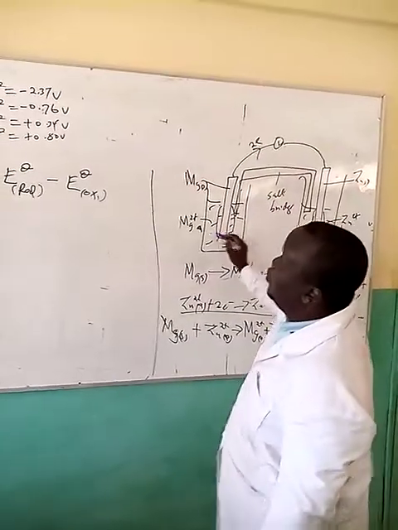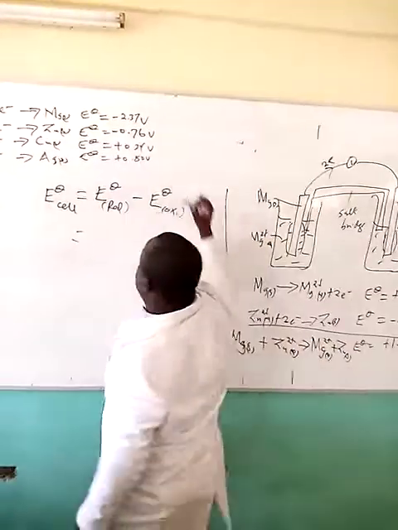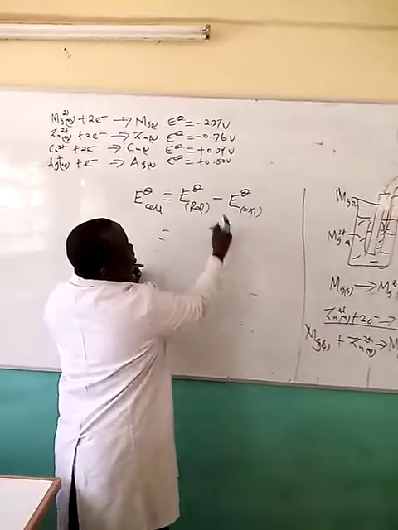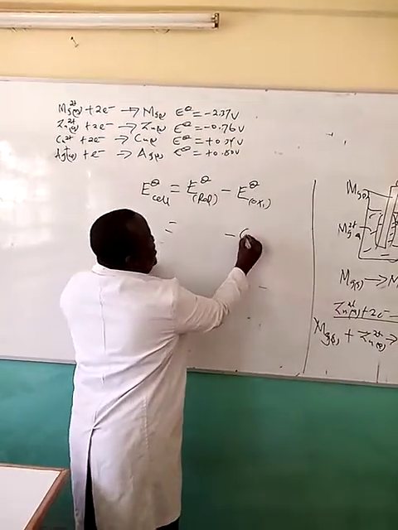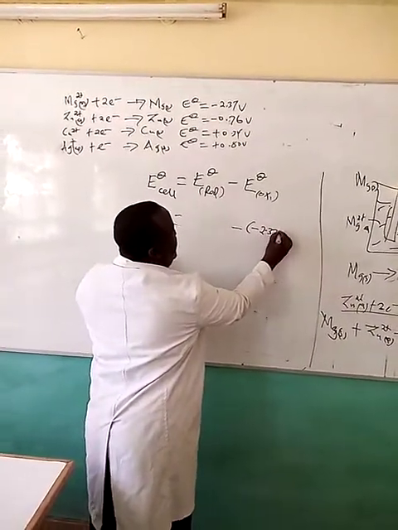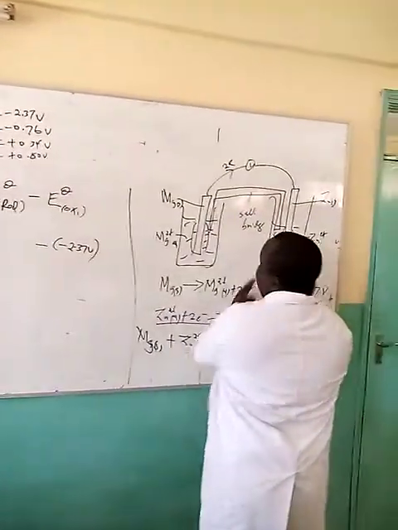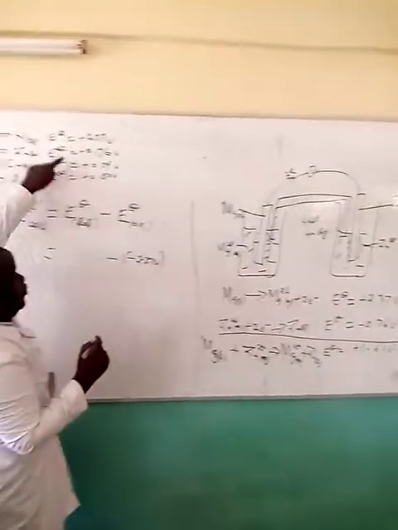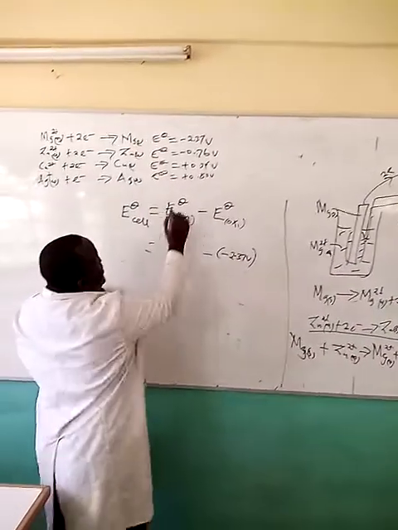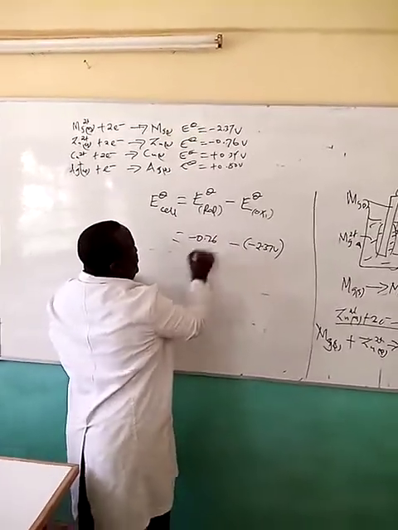So its inert value is indicated here. So it is the one which undergoes oxidation. We have negative 2.37 volts, like that. And this is the half cell that undergoes reduction, and its inert value for reduction potential is negative 0.76.